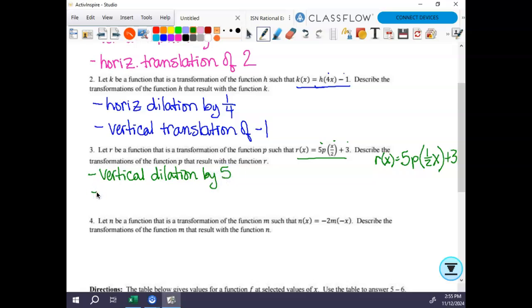Then that 1/2 is going to be a horizontal dilation by 2, because x is a liar, and that 3 is a vertical translation of 3.